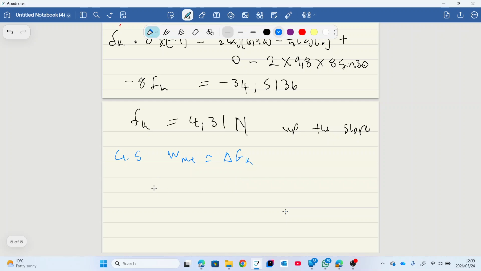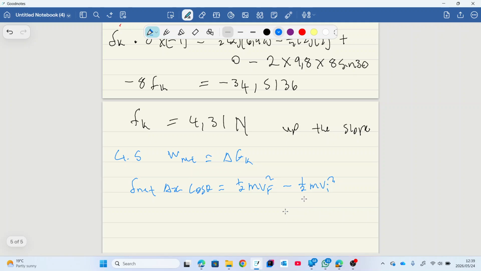Now, this means that we're going to have F net delta x cosine theta equals half mass times velocity final squared, then minus half mass times velocity initial squared.